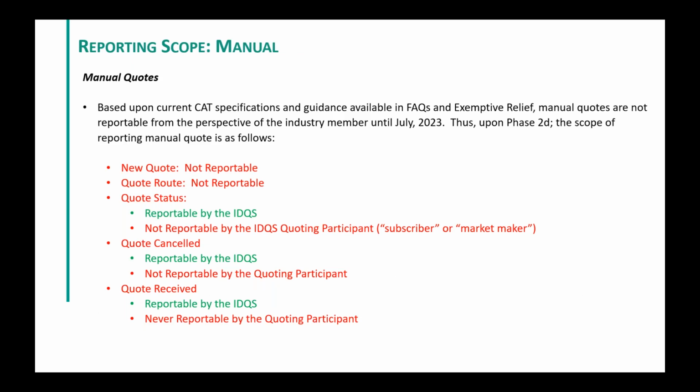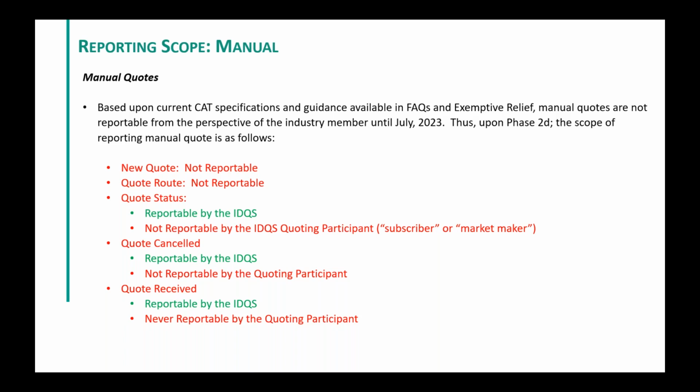So this slide, and we will send these slides some point after this call, do distinguish between the manual and electronic quotes, and what side has a reporting obligation, if manual and if electronic.